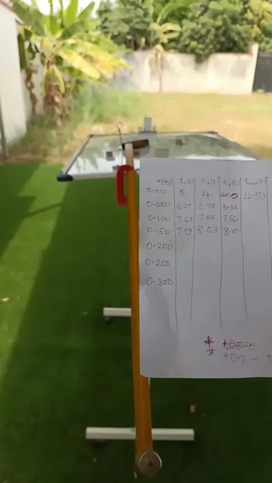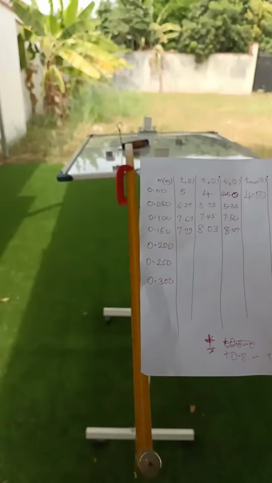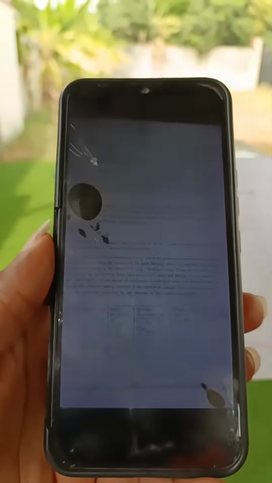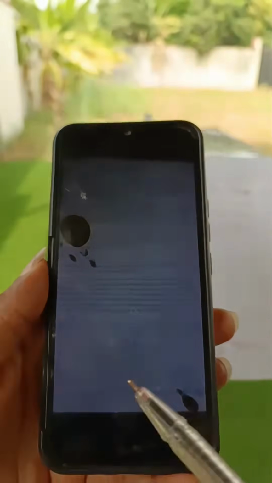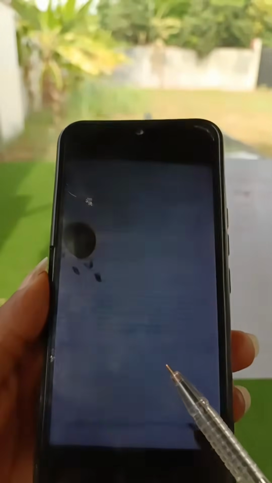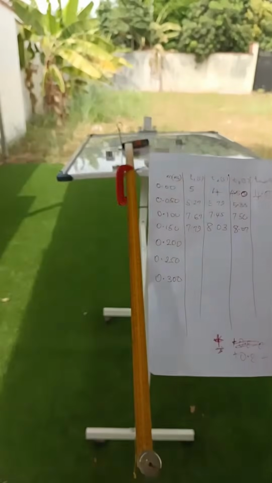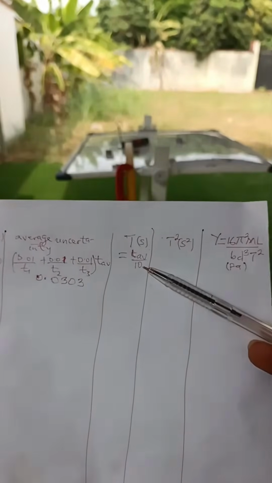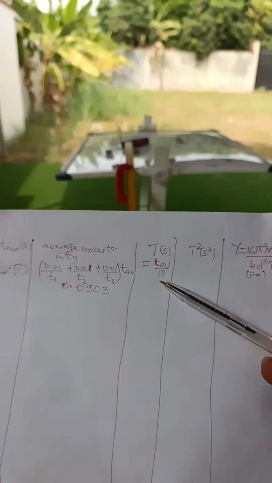Generally, you know that period is defined as the time taken to cover a particular number of what? Oscillations. Look at the column. So to get the period, it is T average divided by the number of oscillations, which is 10.